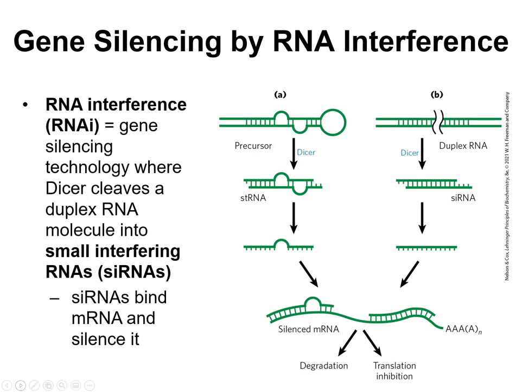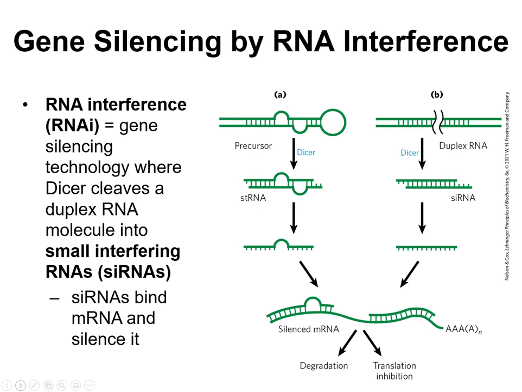We didn't cover the dicer complex very much when we talked about RNA processing, so I'm kind of going to gloss over this a little. You don't need to know the details of the dicer mechanism, but just understand overall what it does.